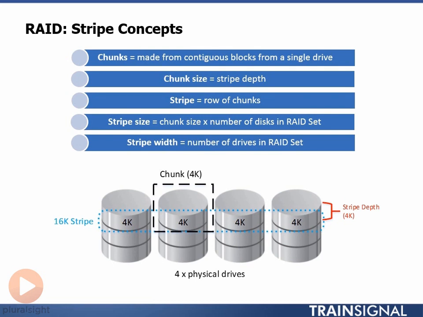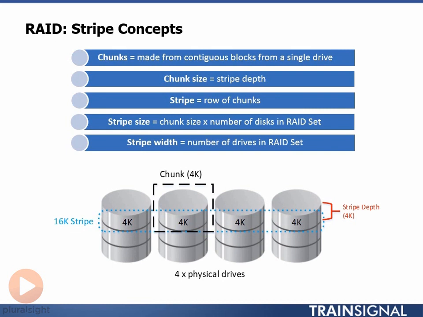Now maybe a quick recap and a chance to pause the lesson here and take a long hard look at that slide to help it settle in. Chunks are the fundamental unit of a stripe. They're made up from contiguous blocks or sectors on the underlying physical disk drive. All chunks in a row are combined into a stripe, and we saw how striping worked on the previous slide.